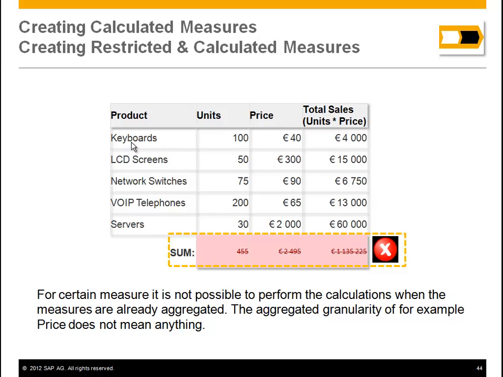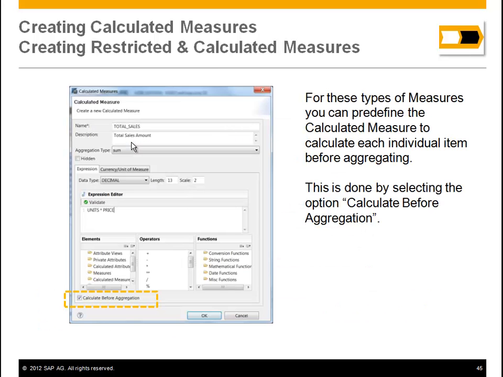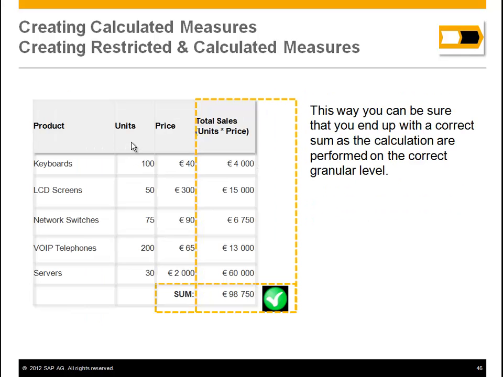So for this purpose, we can actually use the option calculate before aggregation. So there's an option over here right at the end. You can see there's a checkbox which is calculate before aggregation. So for these types of measures, you can predefine the calculated measure to calculate each individual item before aggregating. So then you get the right value at the bottom.